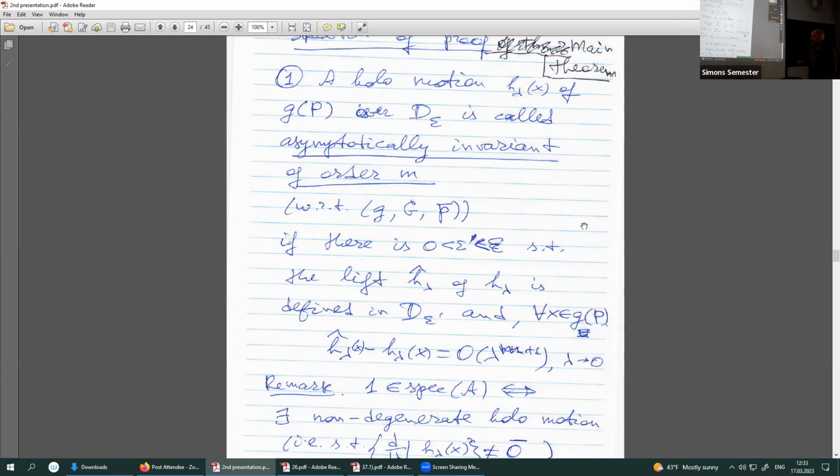So if you expand this in a power series in lambda, then up to lambda to the m, this is the same. This is just the definition.